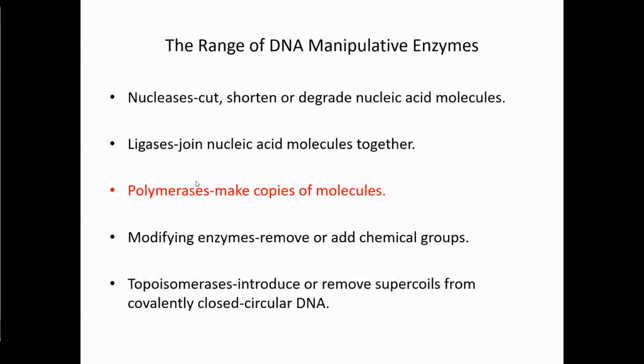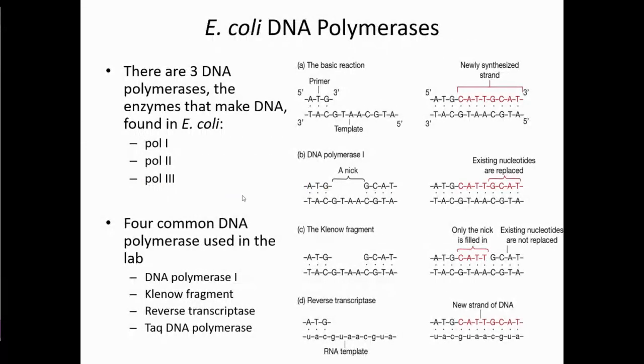And I mentioned that for the PCR we need a polymerase. The polymerase is one of the DNA manipulating enzymes because it can make copies of the molecule. As we learned previously, there are three different DNA polymerases. POL3 will initiate the DNA replication in the beginning, and POL1 acts during the replication.